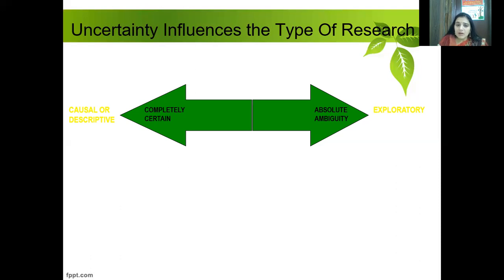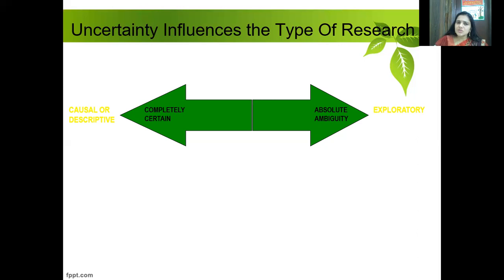For that data, you can go for research, and in further slides we'll be discussing how causal or descriptive research happens. You'll be going for causal research when you know everything about the research. You just want to have some numbers with the help of other numbers.